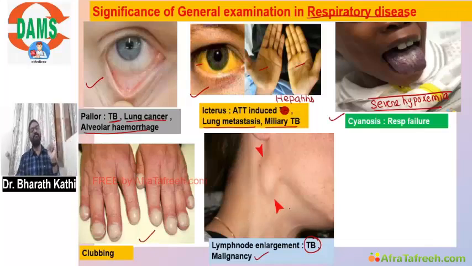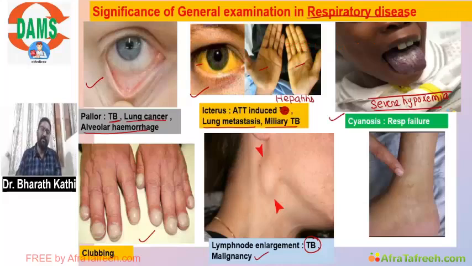And lymph node enlargement, again TB or malignancy. In general examination some call these the pickle signs: pallor, icterus, cyanosis, clubbing, lymph node enlargement, and what is left?